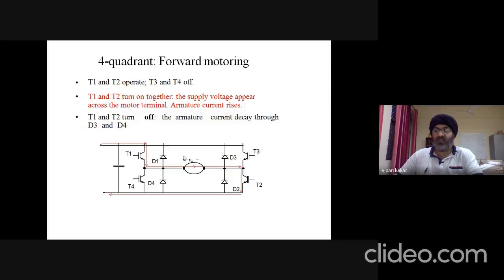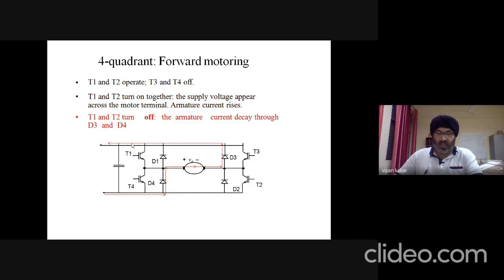So this is an inductive load, an RL load. It has some resistance, field resistance or armature resistance, and field and armature inductance. So this is a classical example of an RL load.